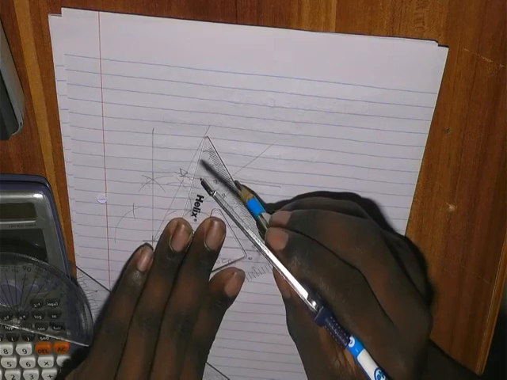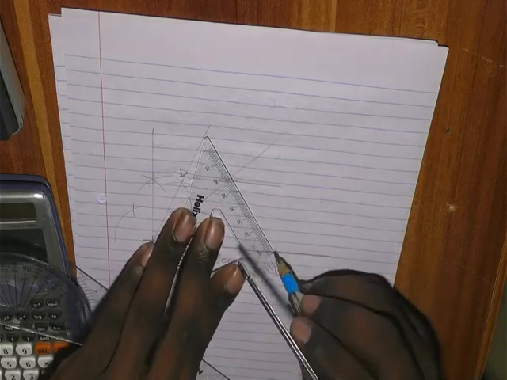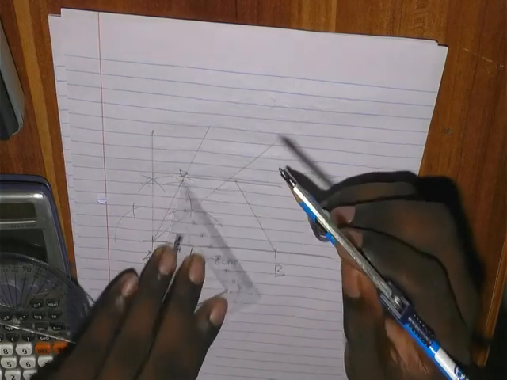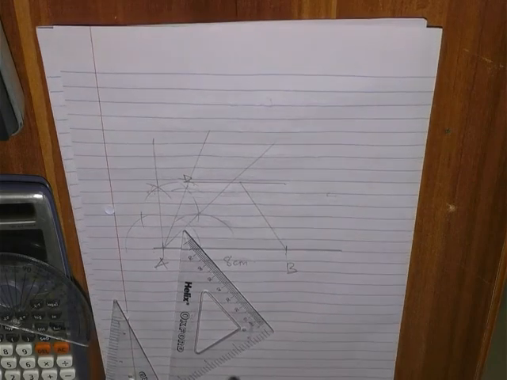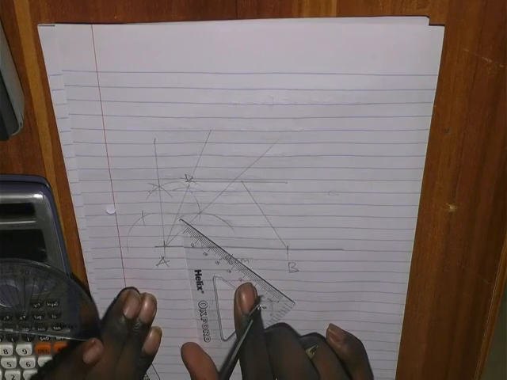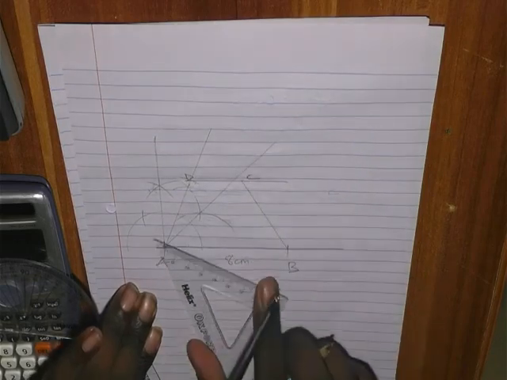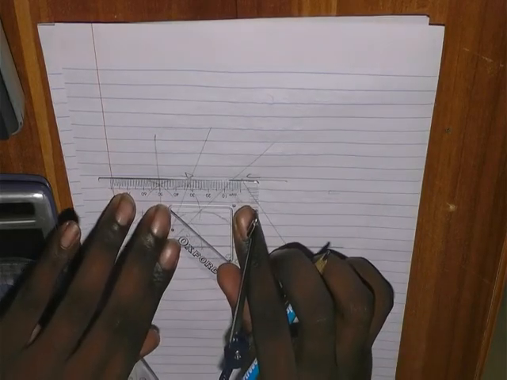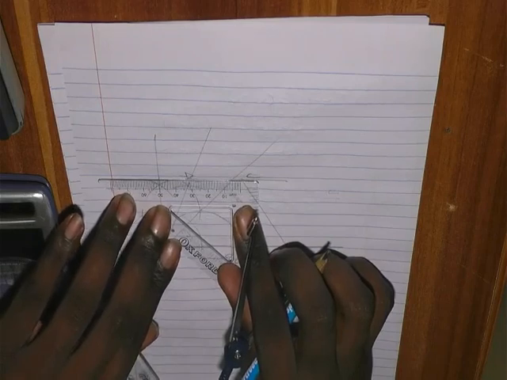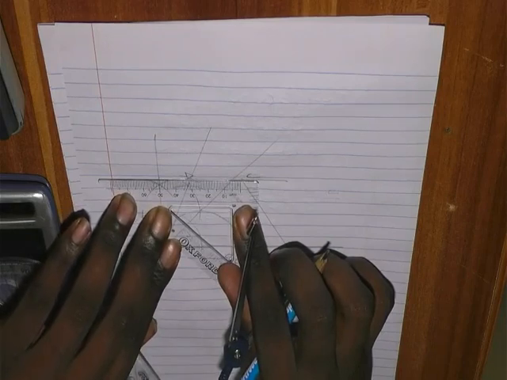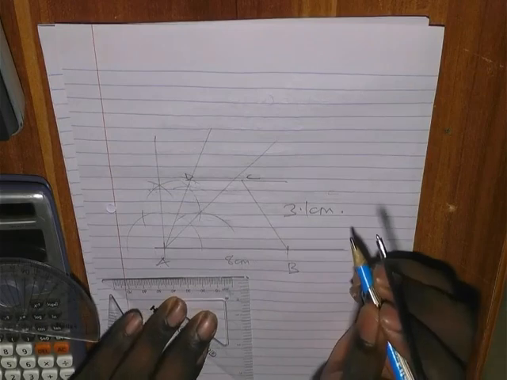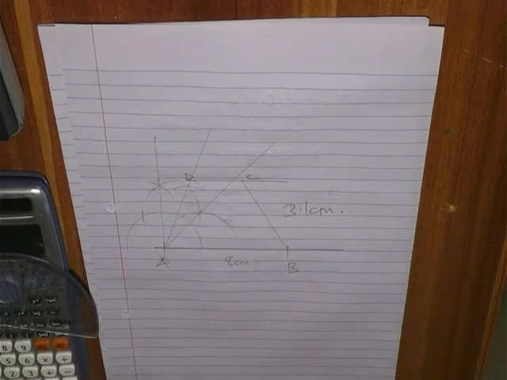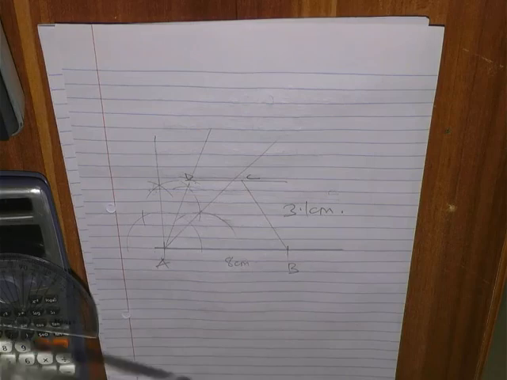So we have something of that sort. Then we're told to measure the length DC. This is C. So our DC is, I'm getting 3.1 centimeters. I'm guessing it was supposed to be exactly 3 or something of the sort, but I'm getting 3.1 centimeters. That's how we do that.